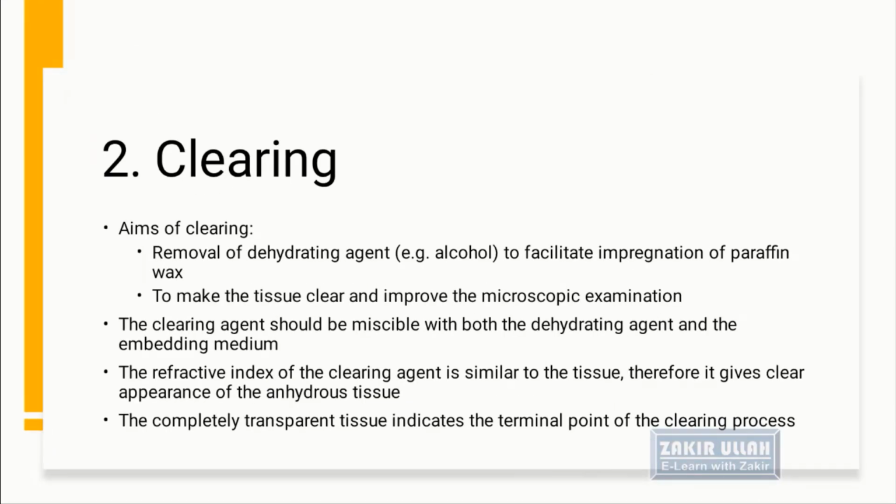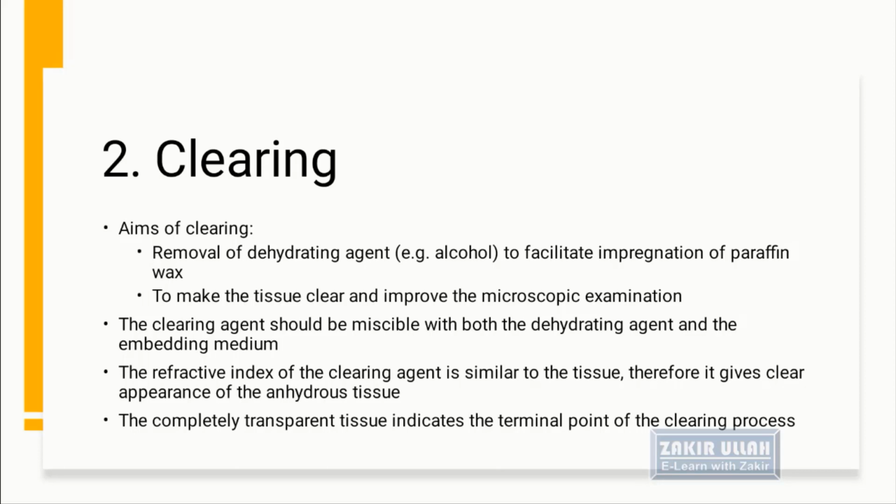The second step in tissue processing is clearing. Clearing is done for removal of the dehydrating agent, for example alcohol. The tissue is immersed in alcohol, and alcohol has replaced the water in the tissue, so the alcohol is also cleared from the tissue with the help of another medium which is called the clearing medium.